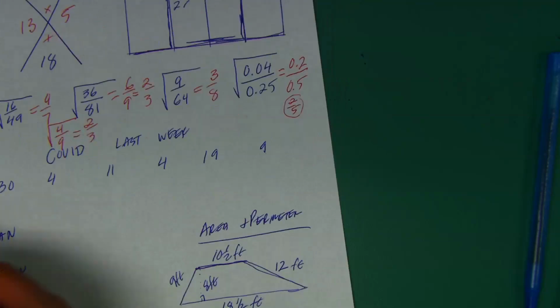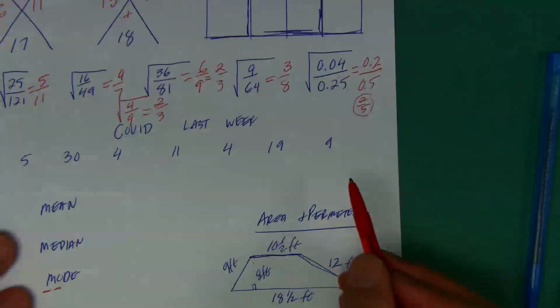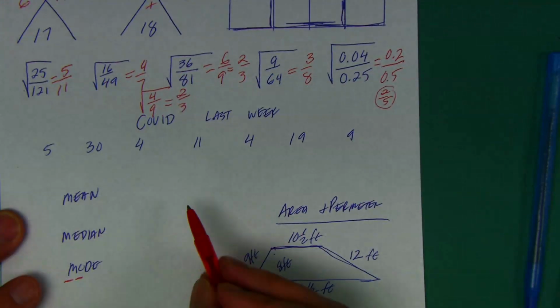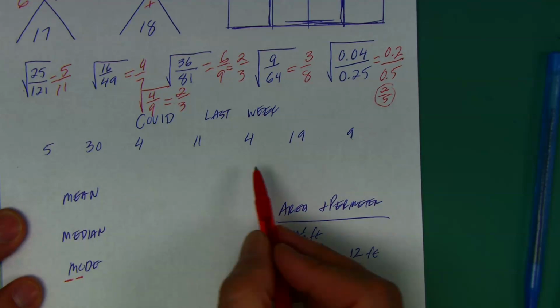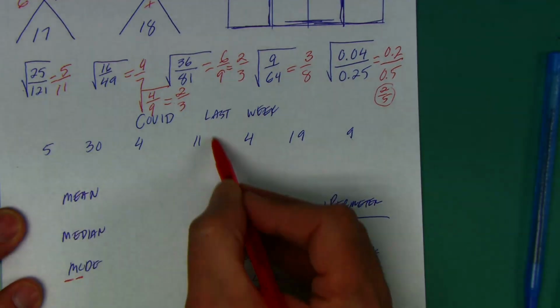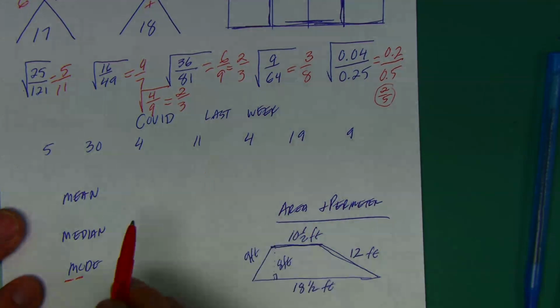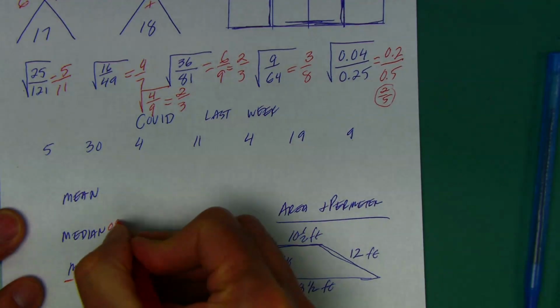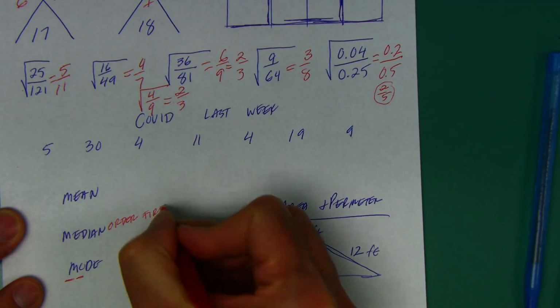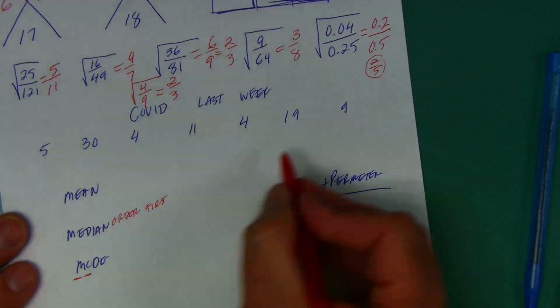All right. First thing I do when I have a string of numbers, if I'm going to be getting all 3 of these, is I'm going to put it in order, right? If not, you're going to say 1, 2, 3, 4, the 11 must be the median because it's in the middle. No, you got to put them in order first, right? That's what I was talking about. Put them in order first. So I'll put them in order.